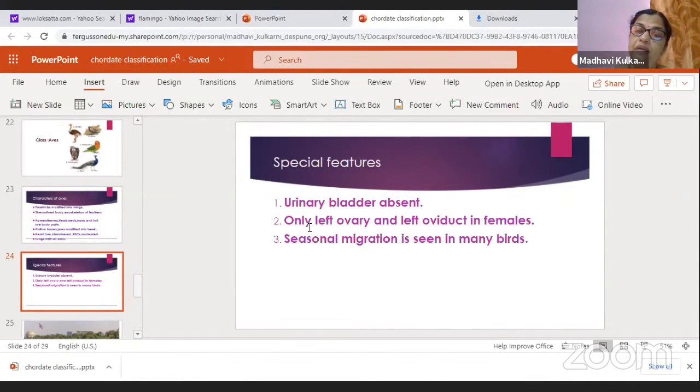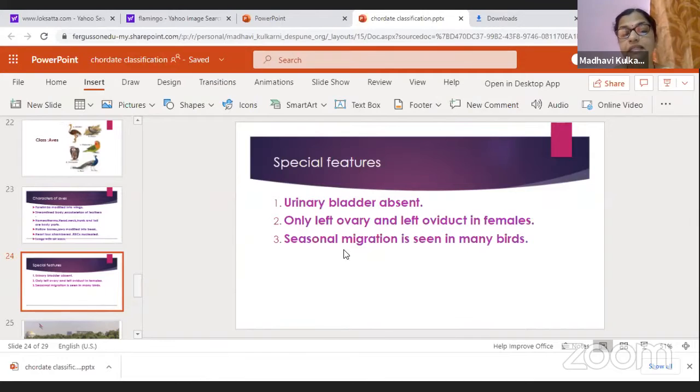In case of a female, all the bird females, they are having only left ovary and left oviduct. The right ovary and the right oviduct is totally absent, again to reduce their body weight, because the females have to carry the shelled egg, so they are having this adaptation.